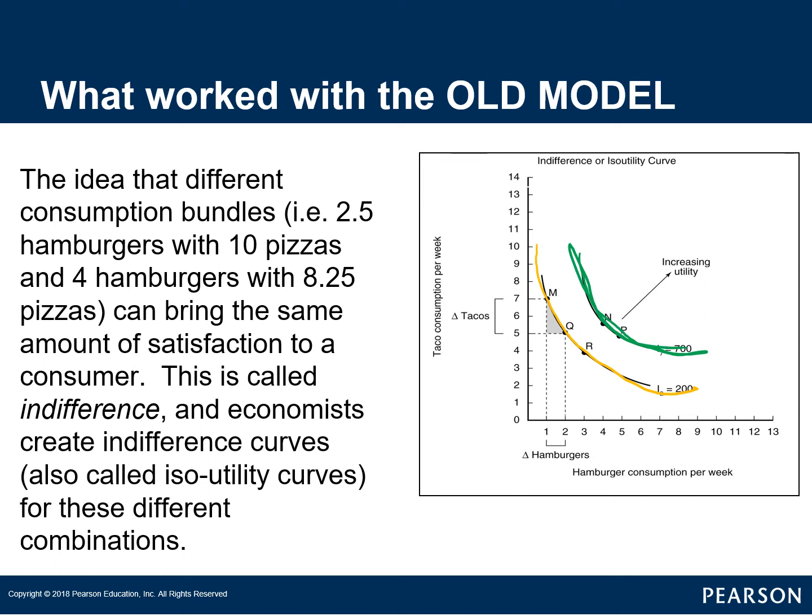However, every single point, any combination on this yellow indifference curve, whether it is 7 hamburgers with 2 tacos, or 4 hamburgers with 3.5 tacos, or 1 hamburger with 7 tacos, every single point on that curve, the consumer is satisfied the same amount.